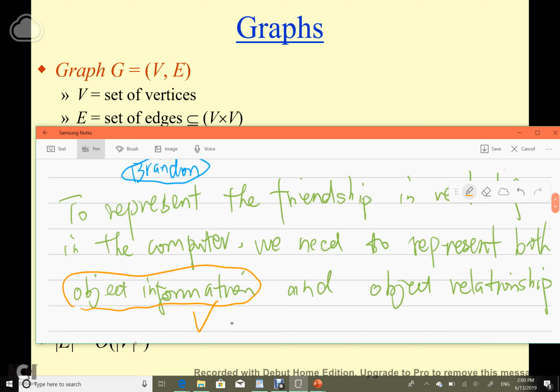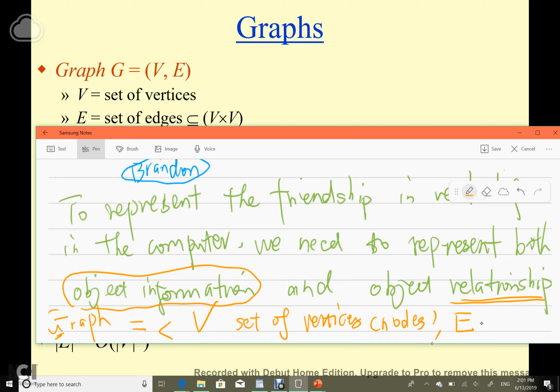This is the set of vertices, also called nodes, right? So with G, the graph, we use the initial of the graph, equal to V, and this relationship we use E to represent.